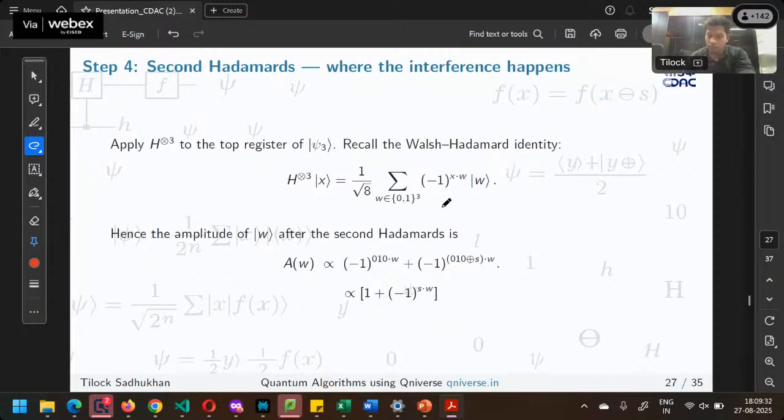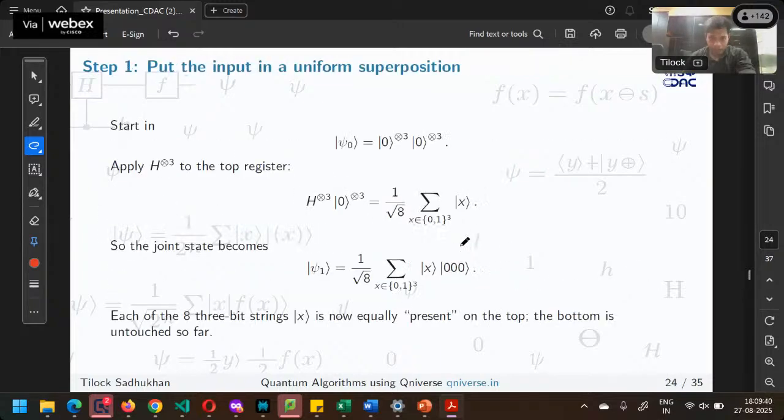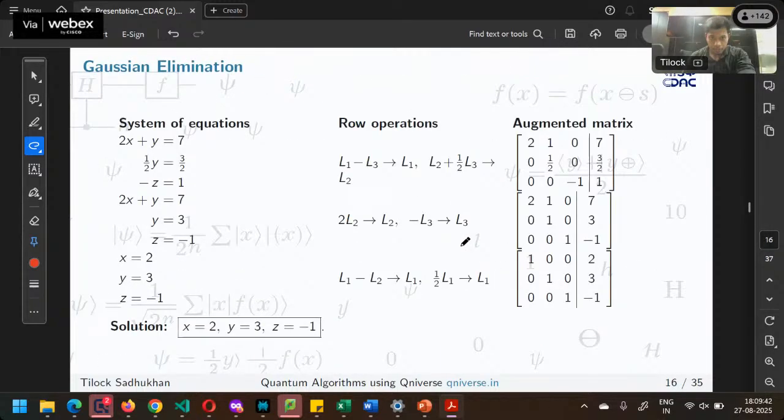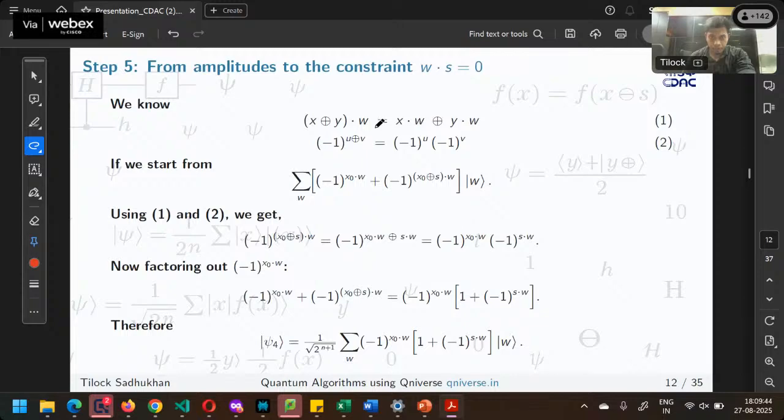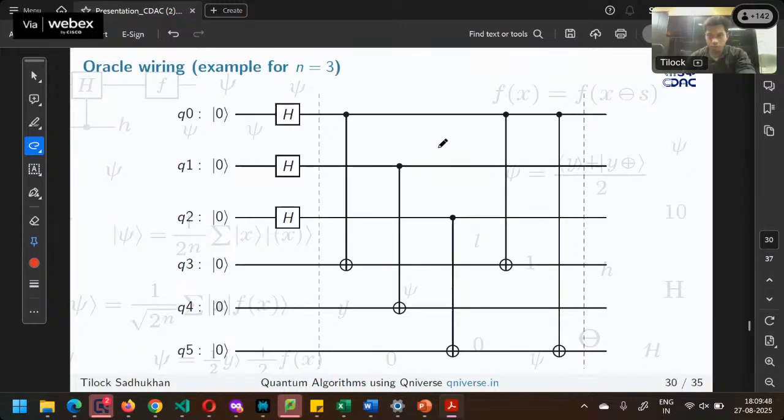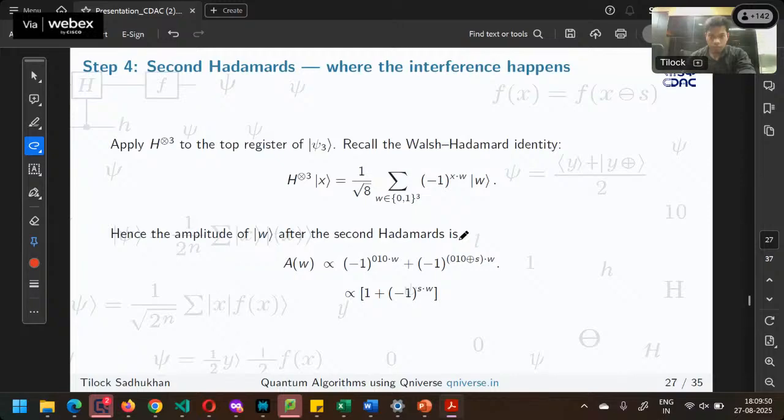But in the real case, we actually don't know what our s is. So if I apply the properties that I described here, and simplify this form using these two properties, we are going to get this form only.